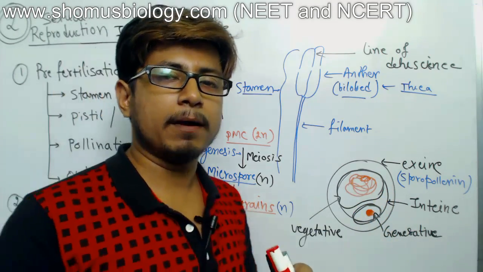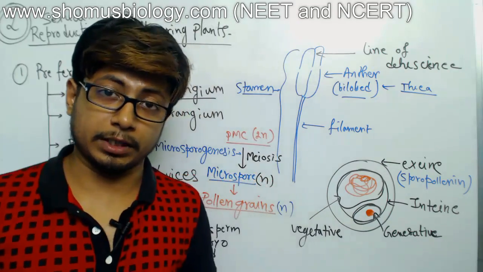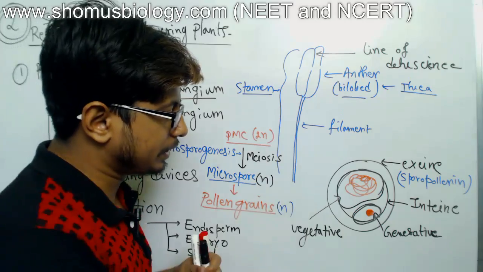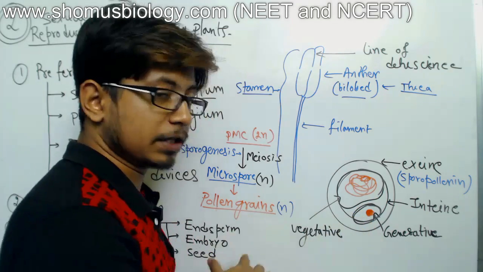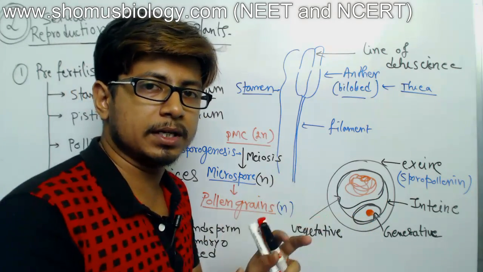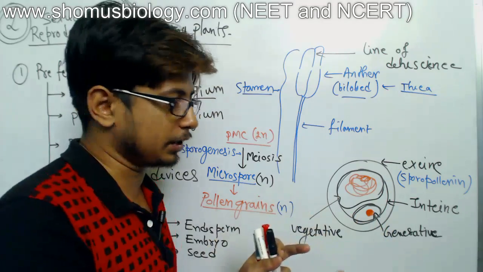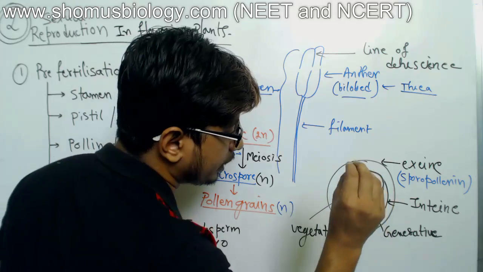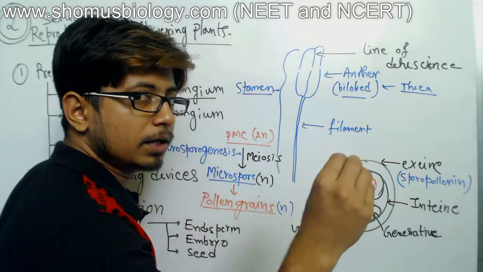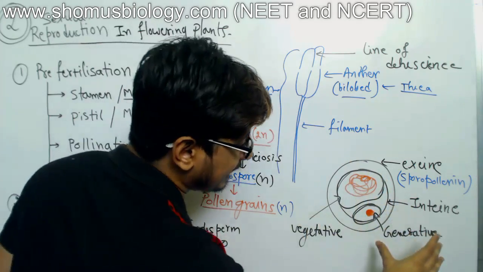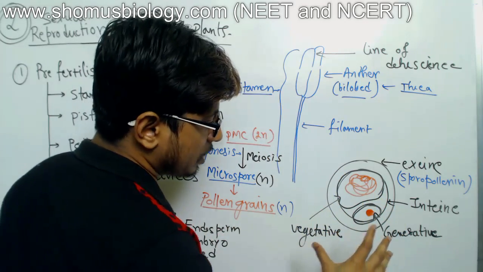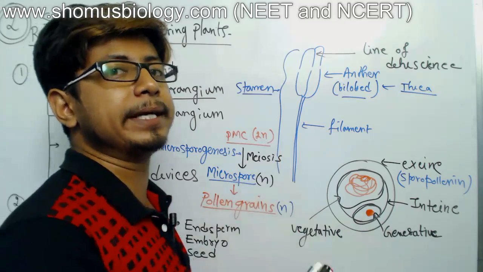And very few types of plants, almost 30% of the plants, also have a division of the generative cell to produce two separate generative cells, because remember, the vegetative cell is not involved in the process of actual fertilization. The generative cell is the one involved in fertilization, so the generative cell needs to be duplicated.